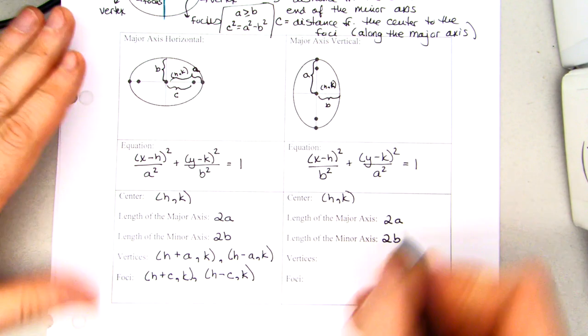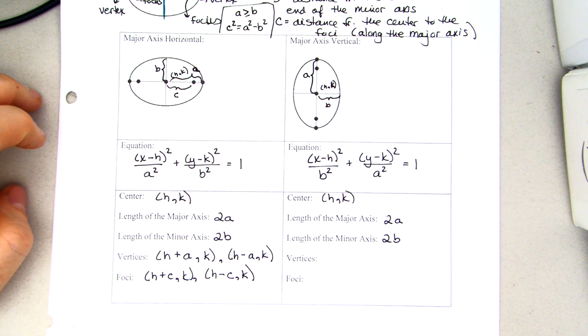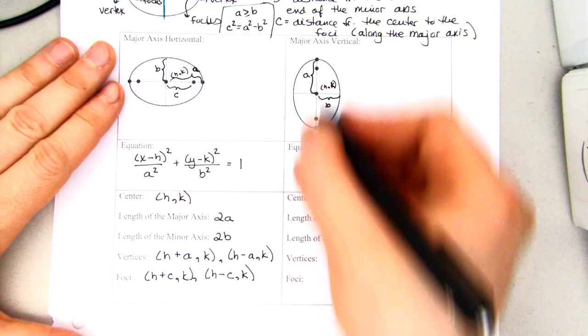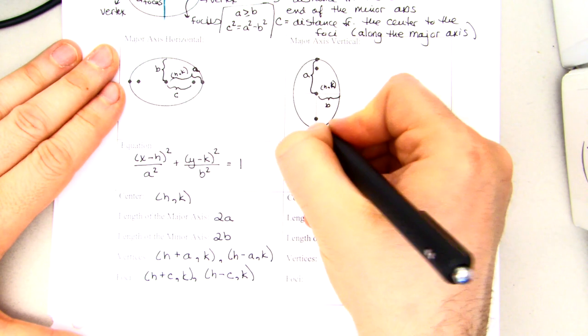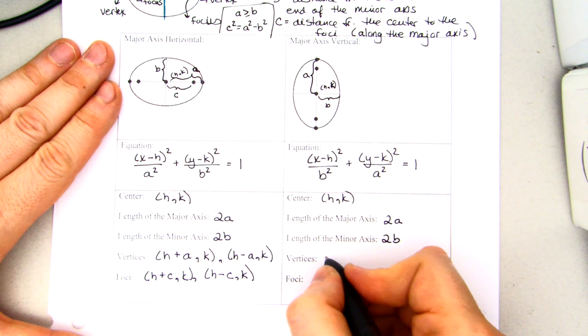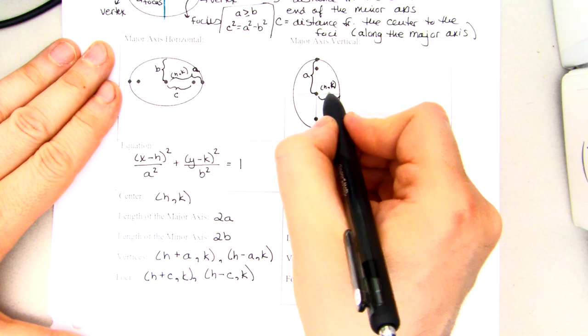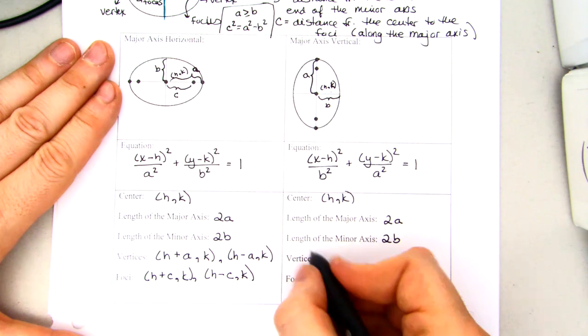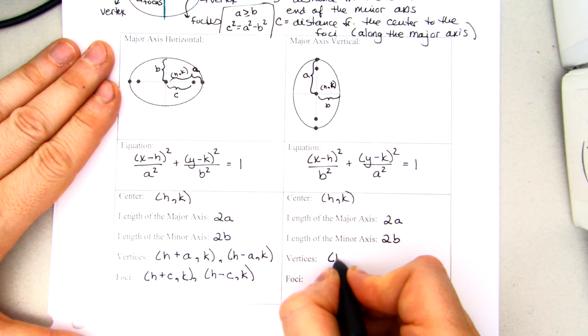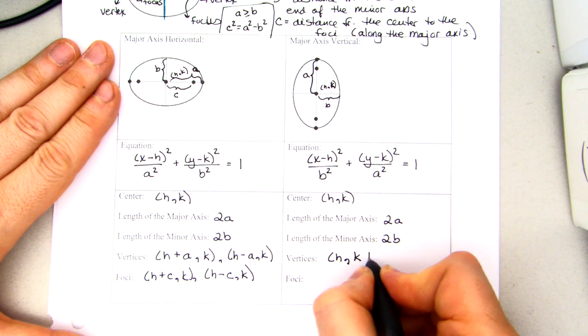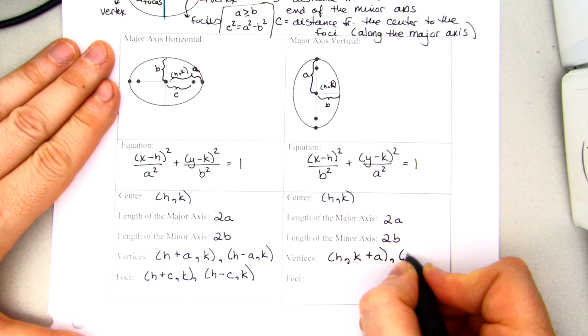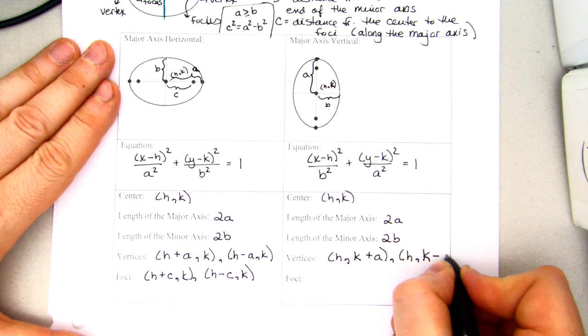Distance from the center to the end of the minor axis is b, so the entire length of the minor axis is 2b. My vertices are always at the end of the major axis, so here's a vertex and there's a vertex. To give the coordinates, I'm going to add and subtract a, but this time I'm going to add and subtract that from my y-coordinate of the center. I'm going to have h comma k plus a and h comma k minus a.